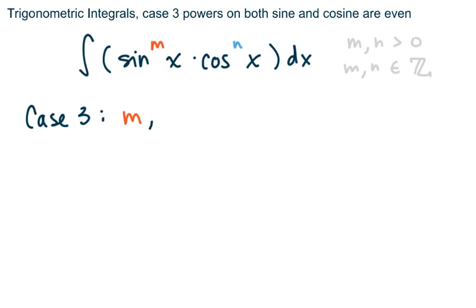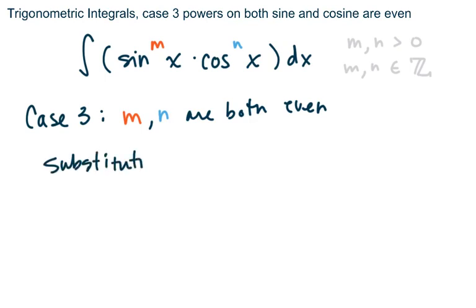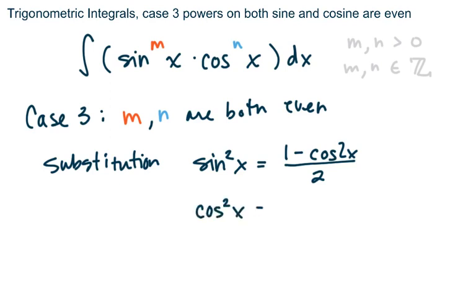M and n are both even. So what we're going to do is use some double angle substitution. We have 2 double angle formulas that we use here. We have sine squared of x is 1 minus the cosine of 2x divided by 2, or cosine squared x, which is equal to 1 plus the cosine of 2x over 2.